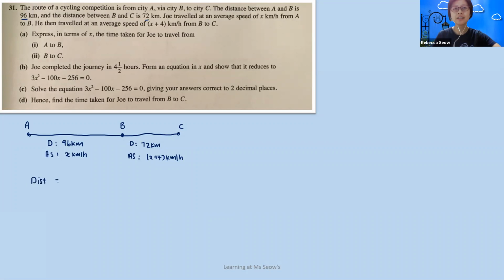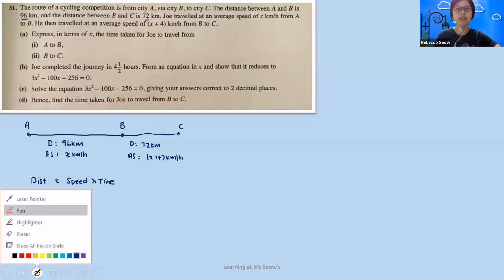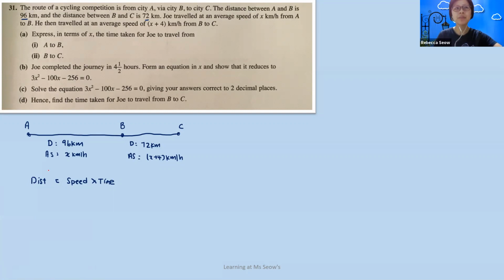Distance is actually equals to speed or average speed multiplied by time. So in order to find time, in this case of between A and B, I'm going to put it as T. That would be distance divided by average speed. So we have 96 over X, and the unit used here is hours.